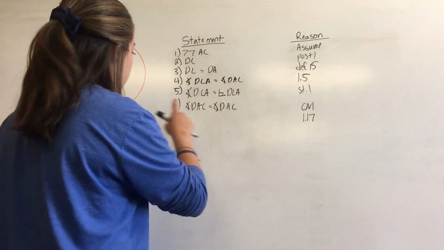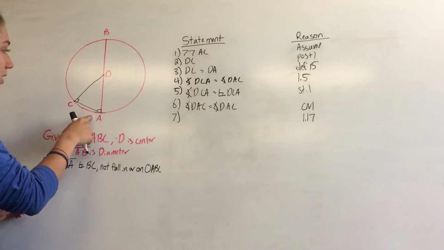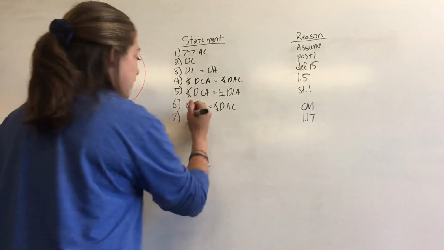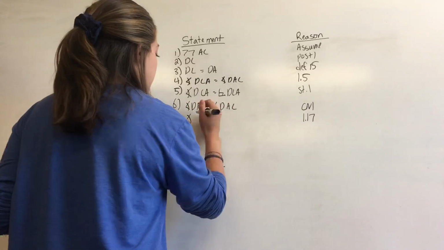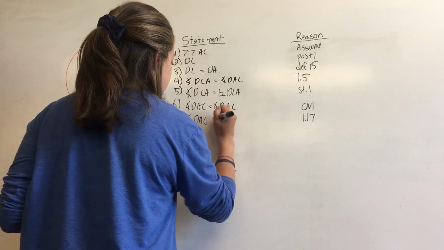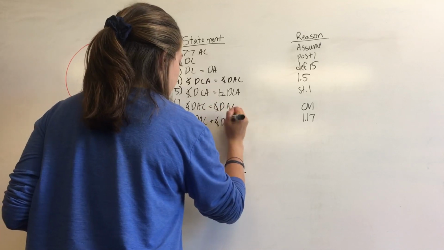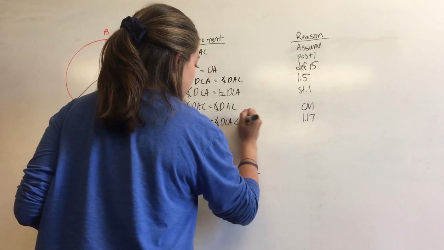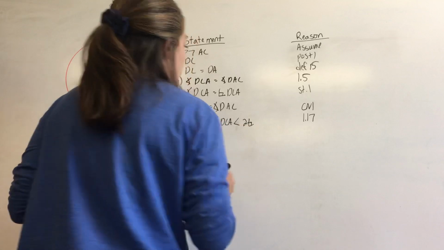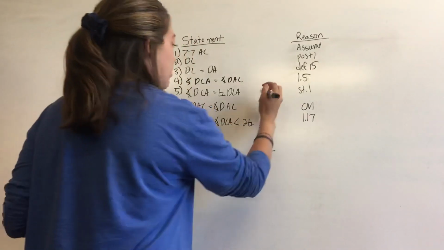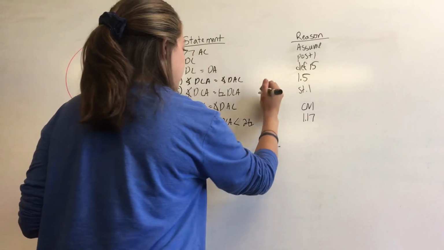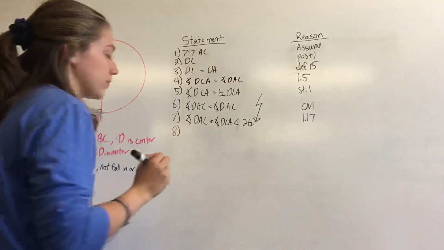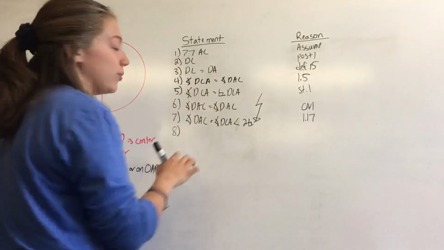But since these two angles in the triangle are equal to 2 right angles, even though proposition 17 says that angle DAC plus angle DCA should be less than 2 right angles, we have a problem. So we can use the reductio ad absurdum.